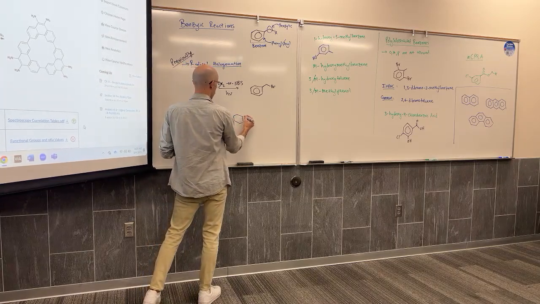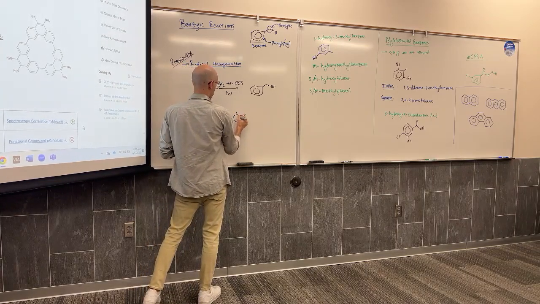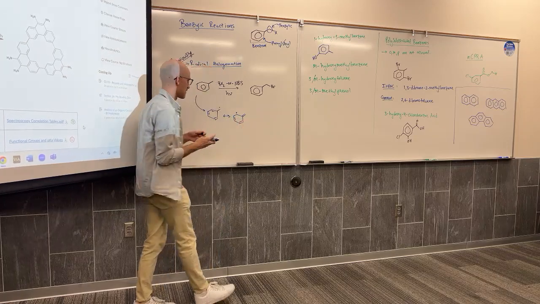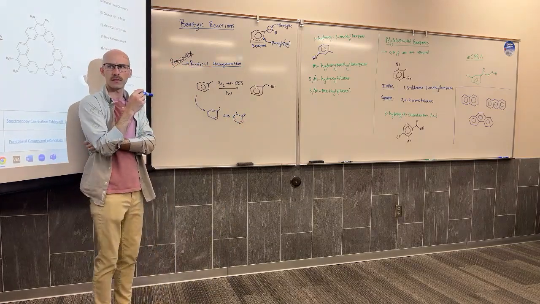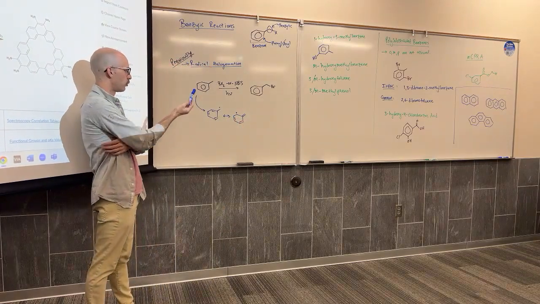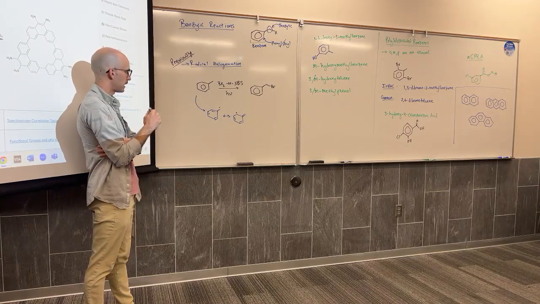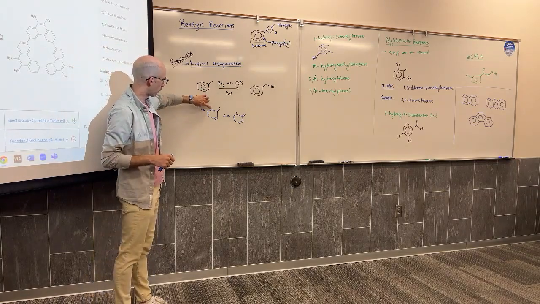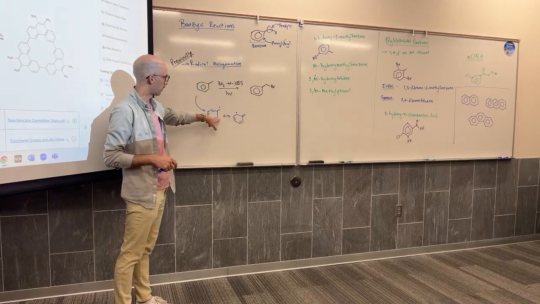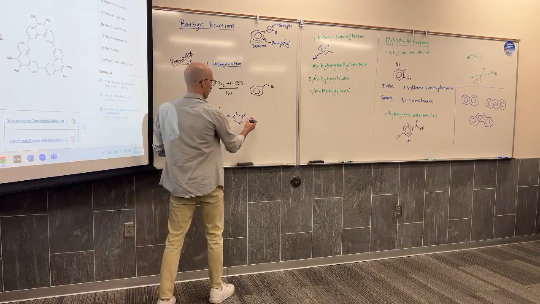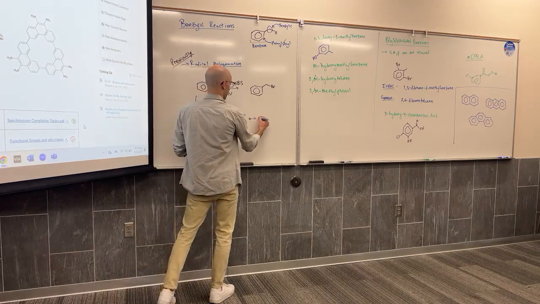It's conjugated with the aromatic ring. So that radical can move around through the aromatic ring. It can be at these positions, ortho and para, to the benzylic position that's going through the reaction.